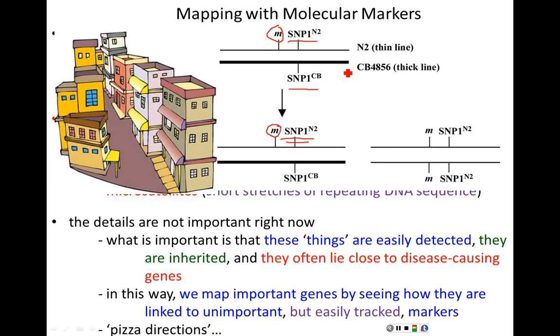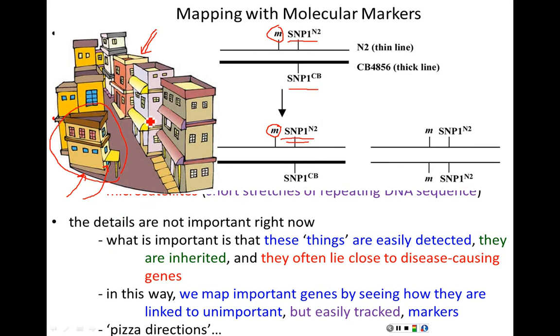That's exactly what these molecular markers are. They're pizza directions. The disease-causing gene is this house on the block. But this house is hard to see from the intersection, and this house is hard to measure experimentally. But this building right here is the molecular marker, and with its bright yellow awning, and the fact that it's on the corner, this is an easy marker to detect and an easy marker to use for your pizza directions.